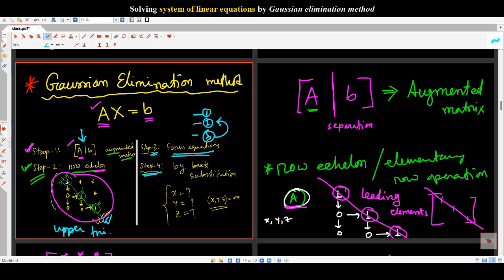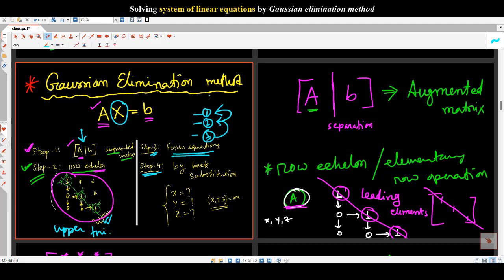From the third and second equations the results can be plugged into the first equation. This is how we will get the solution X. Our main target is to find the solution set X, capital X. Inside capital X we have many variables, x1, x2, x3, let's say x, y, z, w, anything. So this is about the back substitution technique.